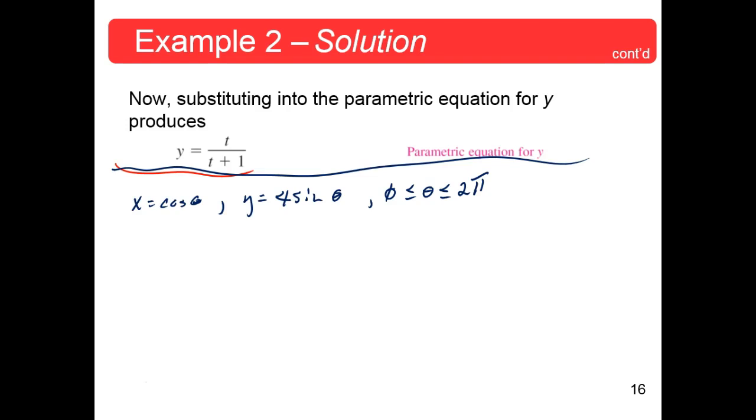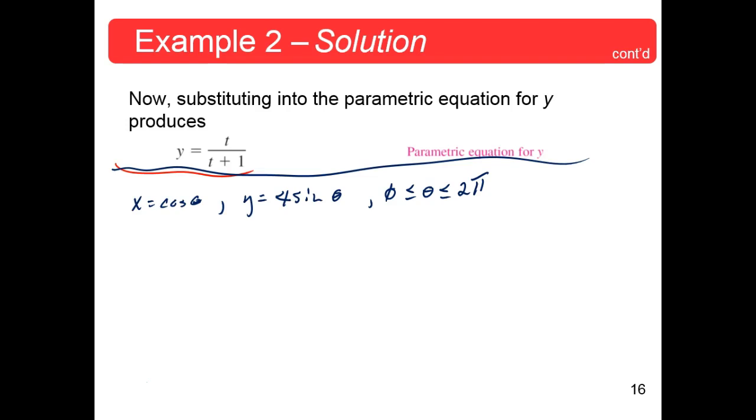So rather than taking thetas, which you could do perfectly fine, theta equal 0, theta equal pi halves, theta equal pi, theta equal 3 halves pi, you could plot those points and get a good idea of what this is going to look like. However, they're saying do this one by eliminating the parameter and finding the corresponding rectangular equation.